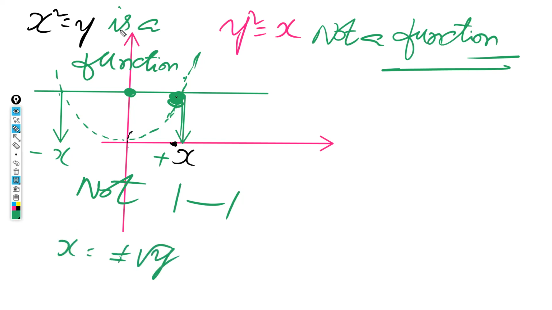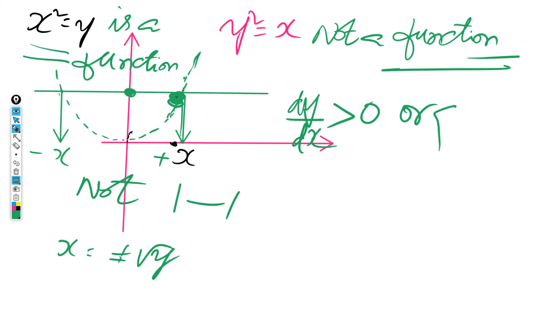That is why it is not a one-one function, and one-one can also be verified through differentiation. If the first derivative is strictly greater than 0 or strictly less than 0, then we say that this function is monotonically increasing or monotonically decreasing.